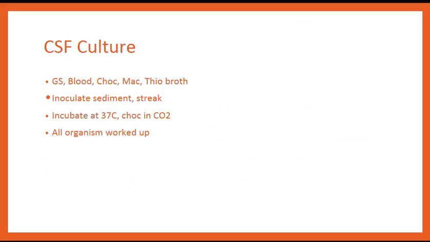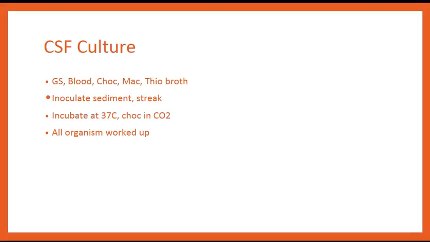Okay, the culture we set up on routine media, and the routine media for most places is a blood agar plate, a chocolate, and a MacConkey, and some people use different kinds of broth, but a Thio or a chopped meat broth or tryptic soy broth is also used. And we always do a Gram stain on spinal fluid so we can tell the doctor immediately if there are organisms there.